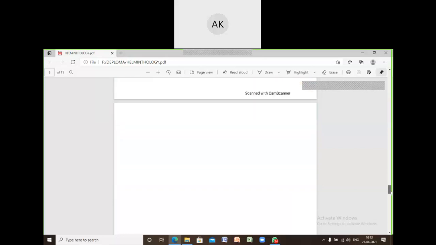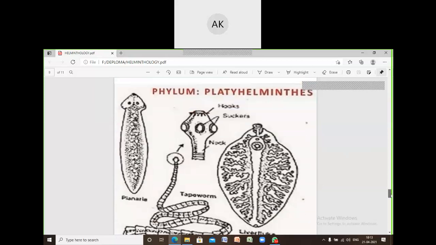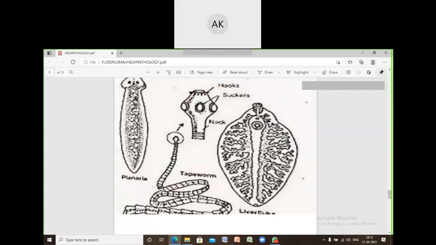See, these are platyhelminths. Which one did I say is leaf-like structure and which one is tape-like structure? Leaf-like structure is the trematodes. Okay, so here this is the liver fluke, which you'll learn in detail later. Now at first when we studied the definition, it is given bilaterally symmetrical.